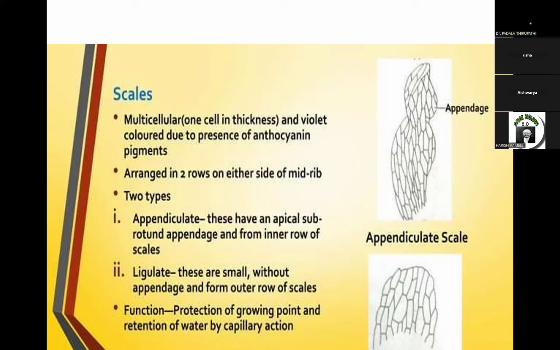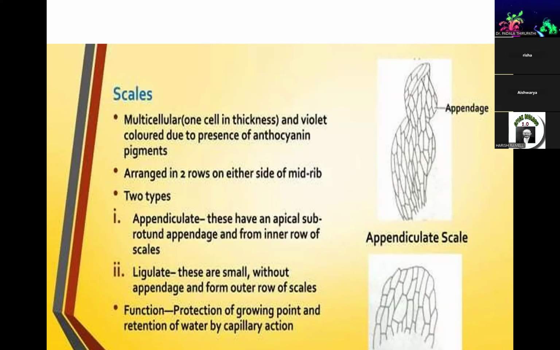So one cell thickness of cells is present, and they are violet colored due to the presence of anthocyanin pigment. The anthocyanin pigment in plants gives violet color. So also in Marchantia, scales are violet in color.